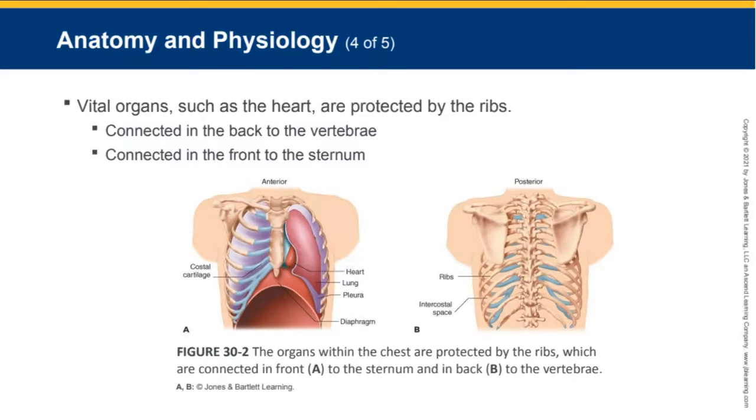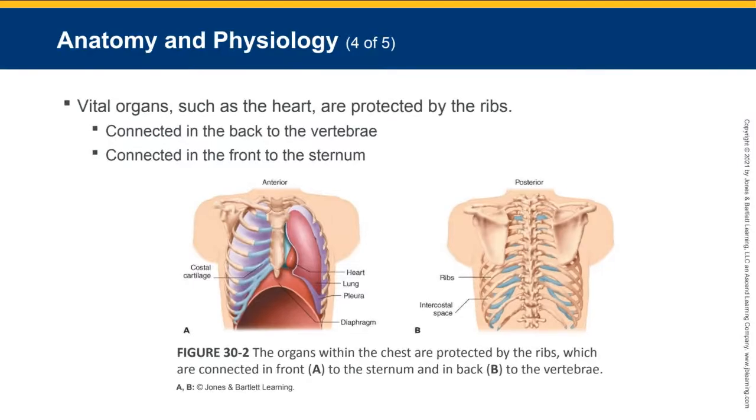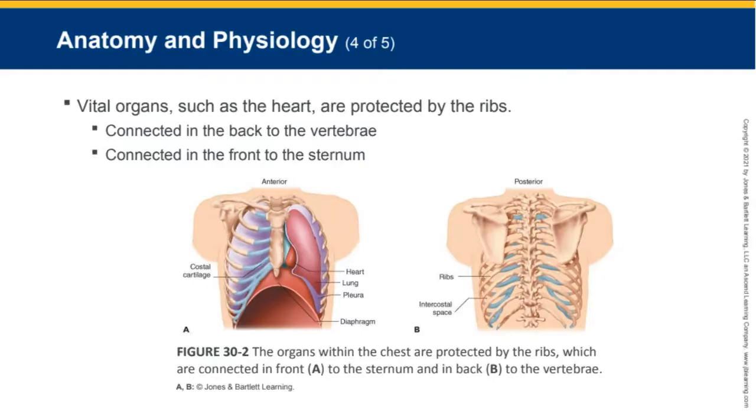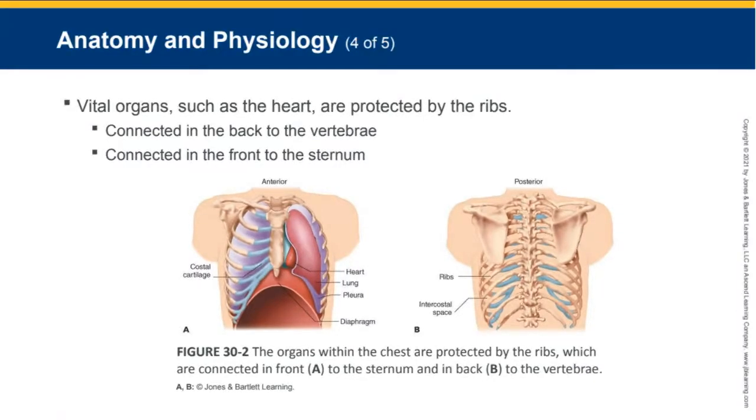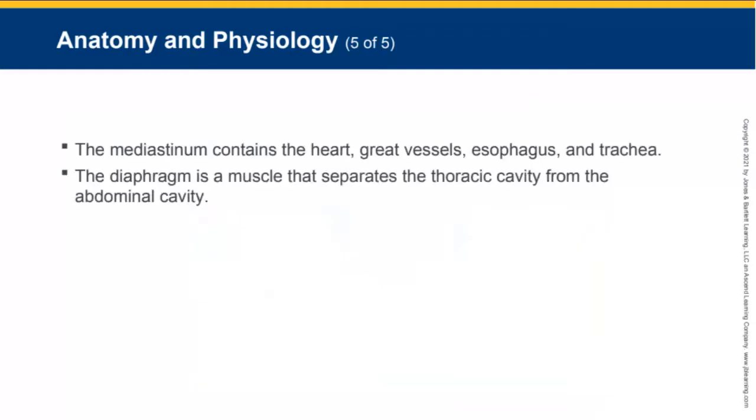Vital organs such as the heart are protected by the ribs, which are connected in the back to the vertebrae and connected in the front to the sternum. Not all of the ribs directly attach to the sternum. The mediastinum is the space between the lungs. It contains the heart, the great vessels, the esophagus, which is posterior, and the trachea, which is anterior.